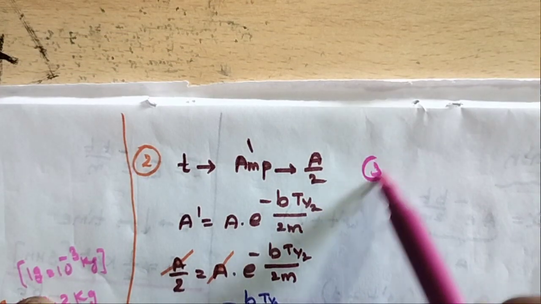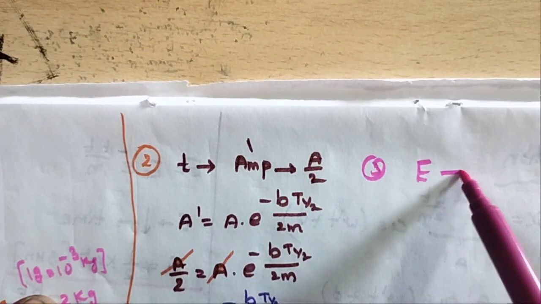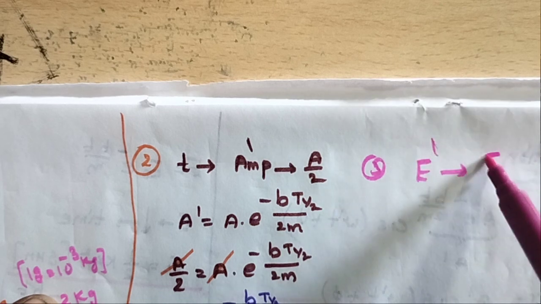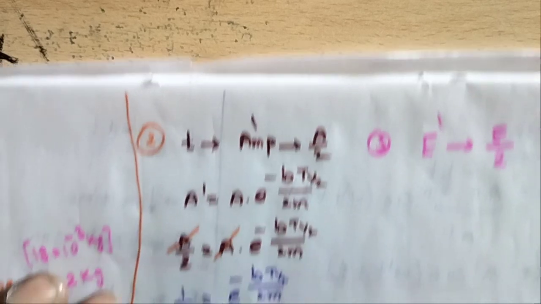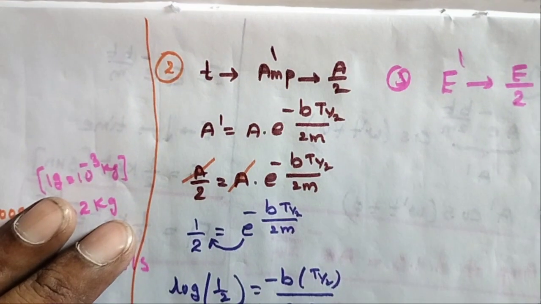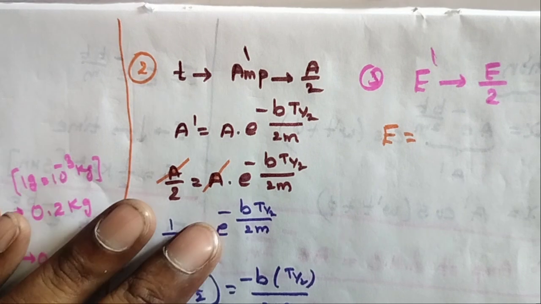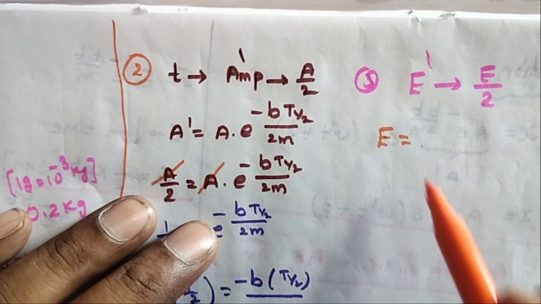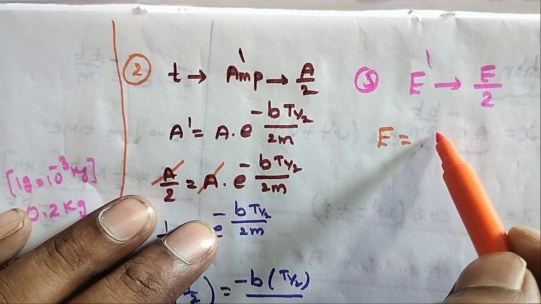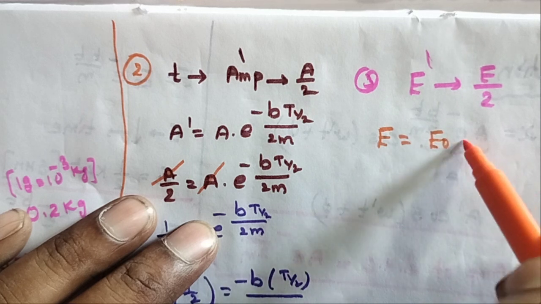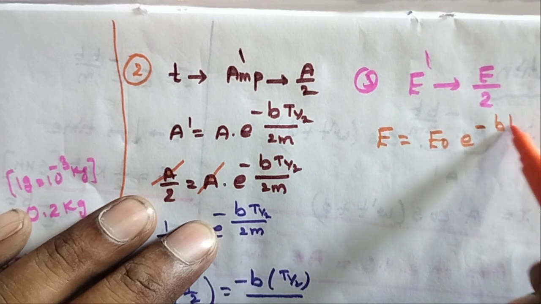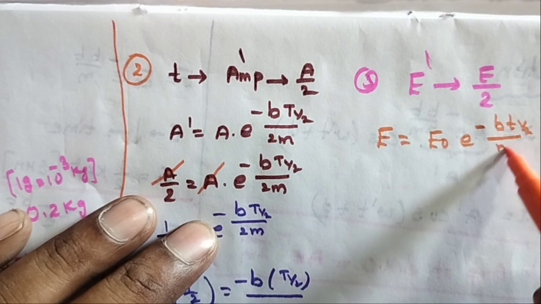And the third one, what is the third one? Same thing: the mechanical energy E dash is equal to half of the value. Using the same concept, here I am taking the E formula. E is equal to E naught e power minus b t off by m.